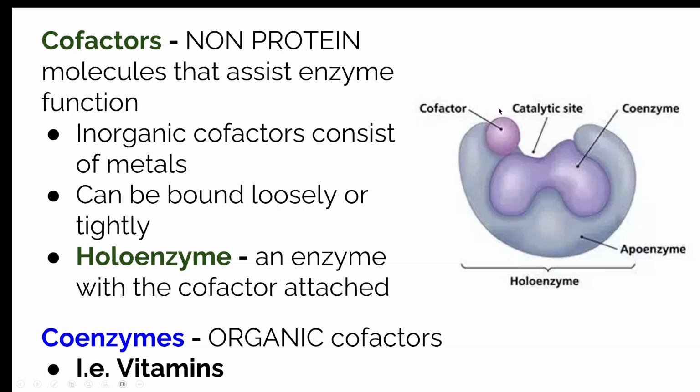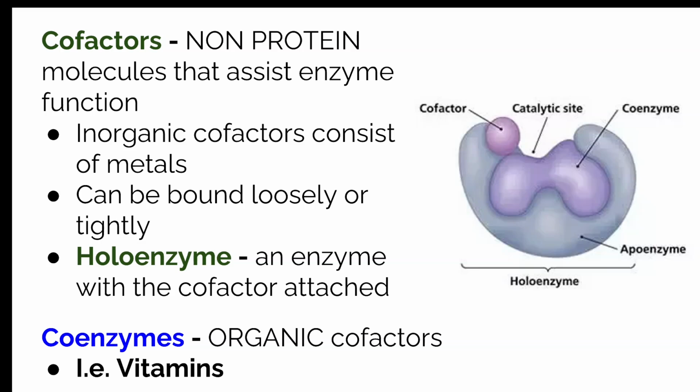They're going to be inorganic cofactors, usually consisting of some type of metal. They can be bound pretty loosely to the enzyme, or they can be bound pretty tightly so that the enzyme has a good hold on it. And another name for that is something called a holoenzyme. That's going to be an enzyme with a cofactor attached to it.